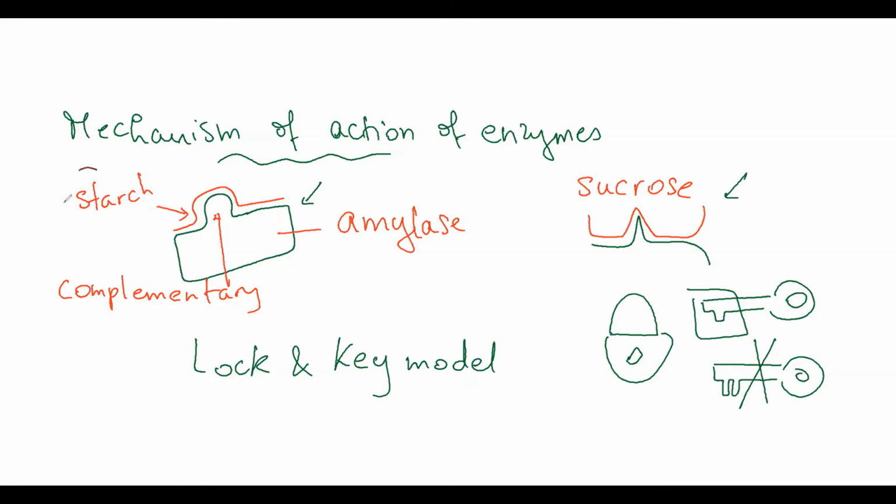I said that the substrate has a complementary shape to the enzyme. Let's see how the substrate reaches the enzyme. Look, everyone. We know from diffusion that all molecules are in continuous movement. Remember I said this in diffusion and osmosis. All the molecules are in continuous movement.